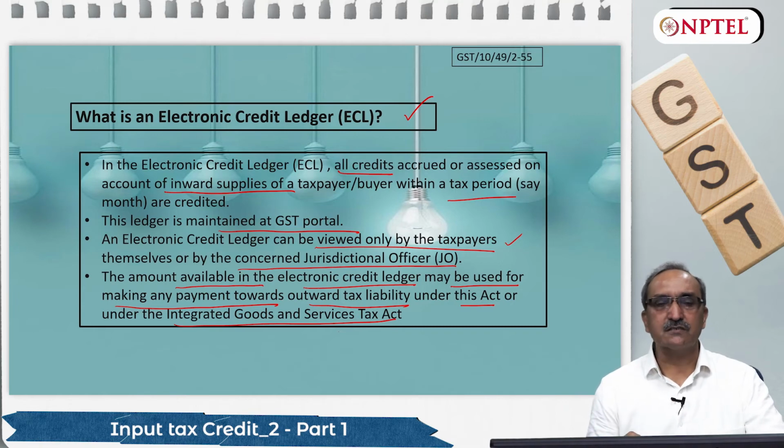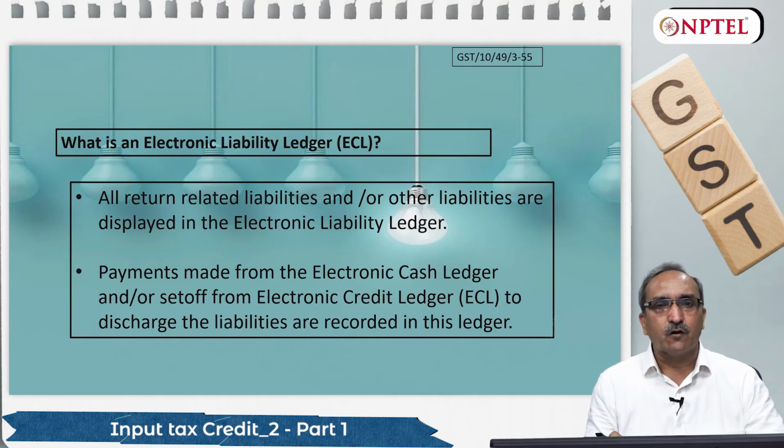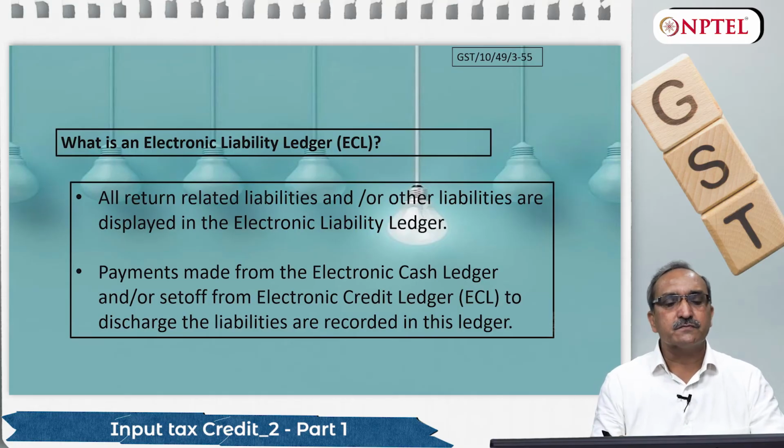We talked about these two concepts during place of supply and point of time for taxation purposes. This way the electronic ledger is used by registered persons and government authorities to determine how much credit is available to you because of your input procurements.